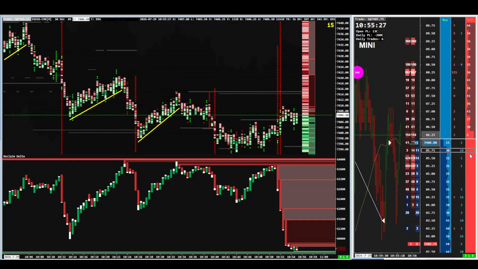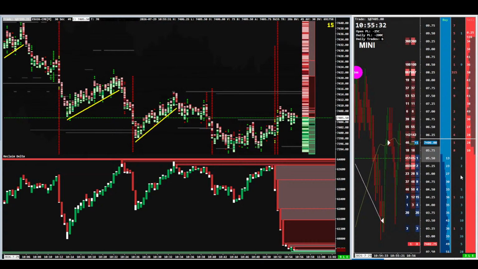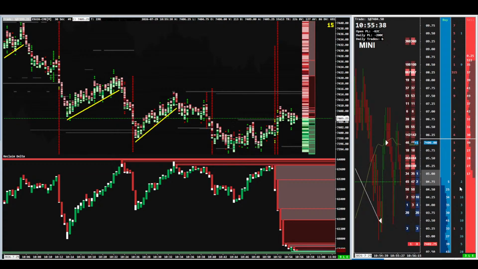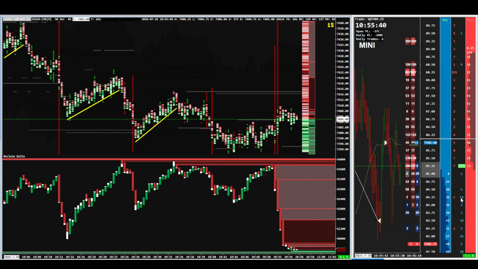Nice higher low. See if we can find a lot of fresh buying coming in. There's no selling.